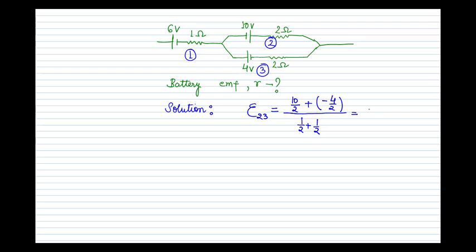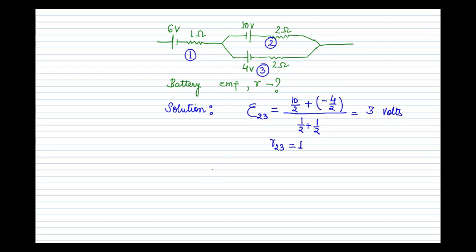So that will give us 3 volts. So the equivalent EMF between 2 and 3 is 3 volts. Resistance, if you see between 2 and 3, it's half and half, so it comes out to be 1.